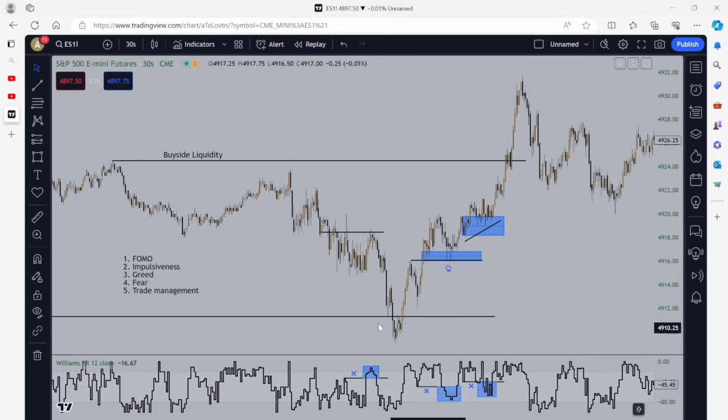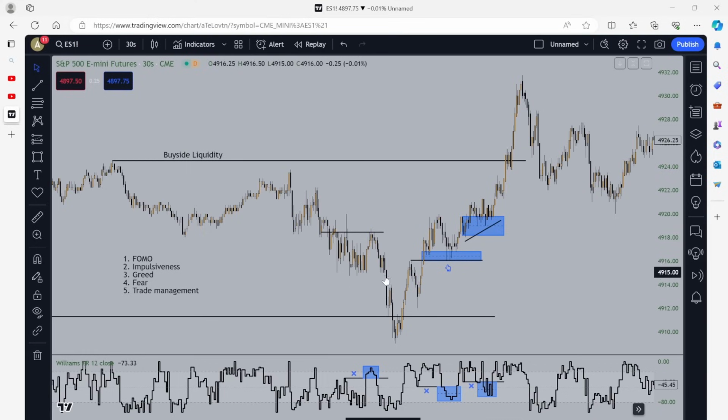So with the SMT on the price chart, we have a low taken out here by S&P, and we failed to do so in Dow or the NASDAQ. And so this indicates to us a reversal, a change in state of delivery.